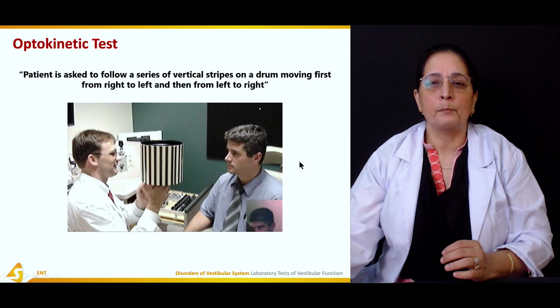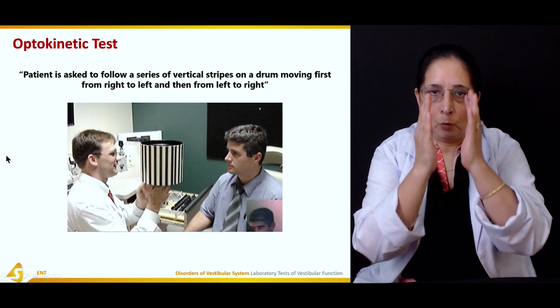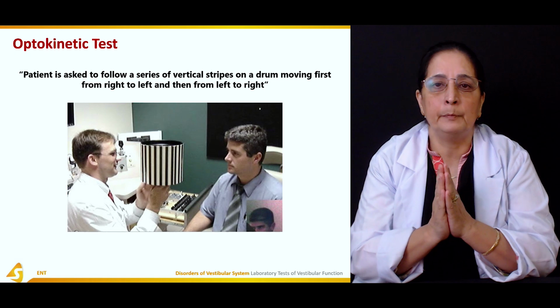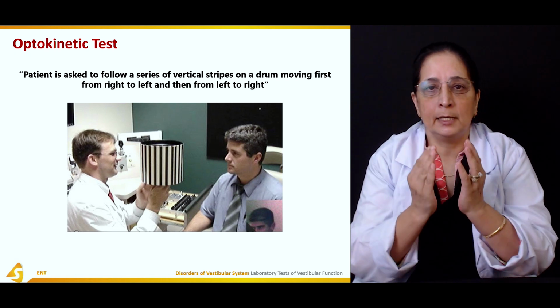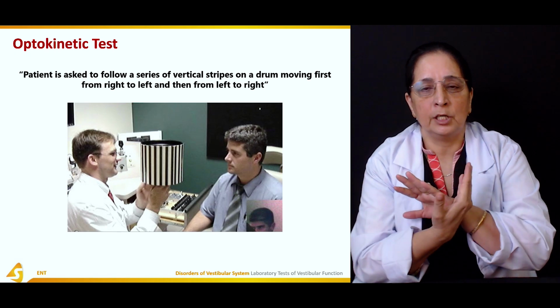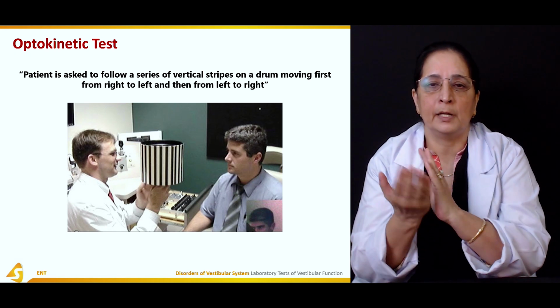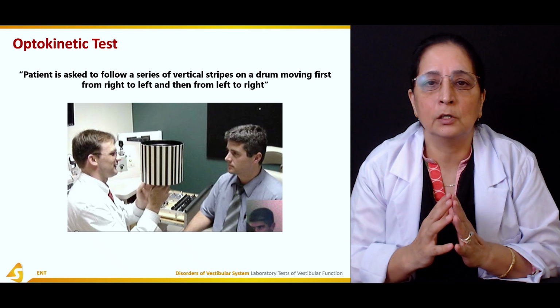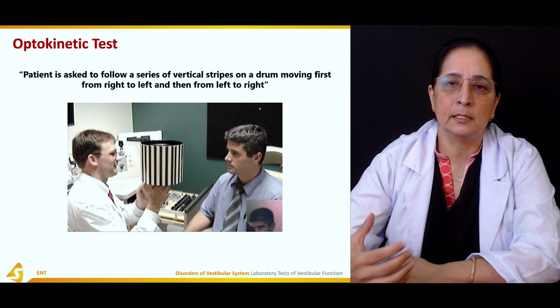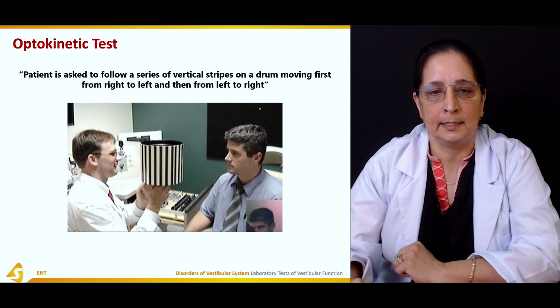So, as the name suggests, a drum with vertical stripes is placed in front of the patient's eyes, and the patient is asked to watch during the rotation first from right to left and then left to right, and the doctor observes if there is any nystagmus caused by this motion of the eyes.